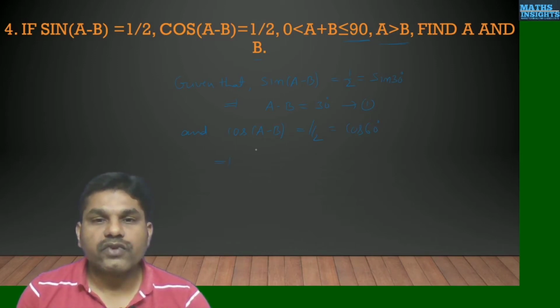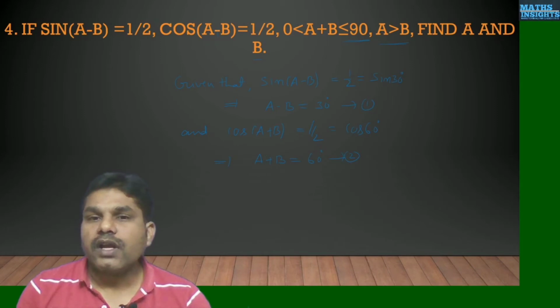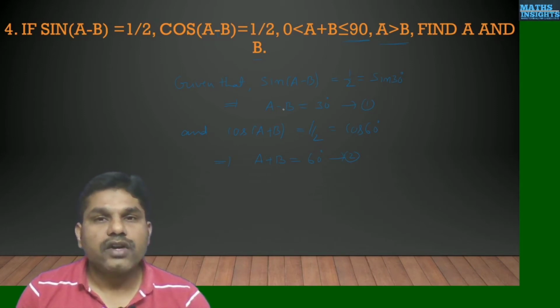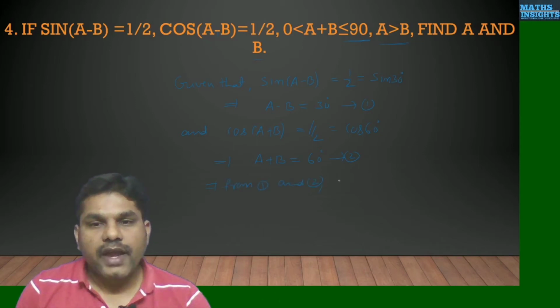Therefore on both sides if you cancel cos, a plus b is equals to 60 degrees, equation 2. If you add or subtract equations 1 and 2, you will get either a or b depending on your operation.